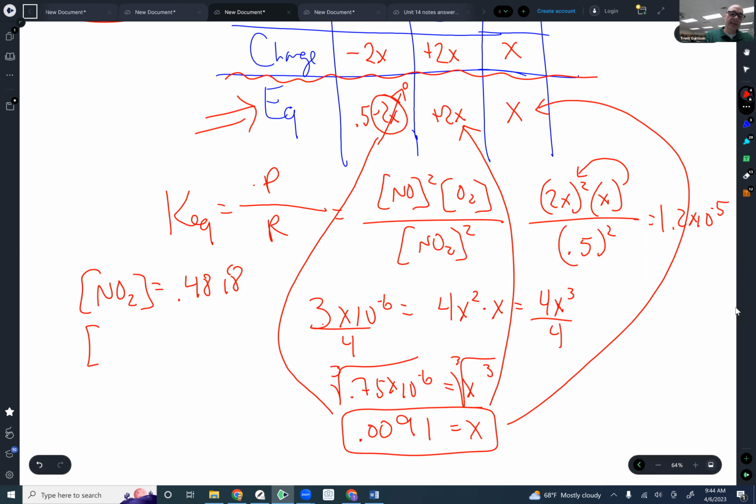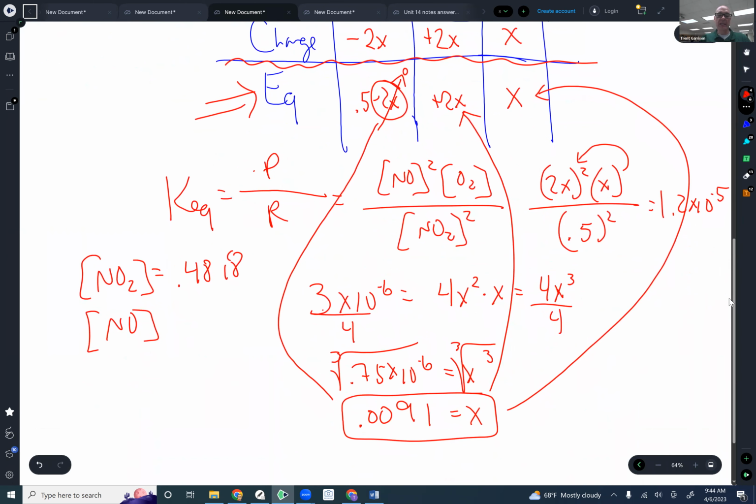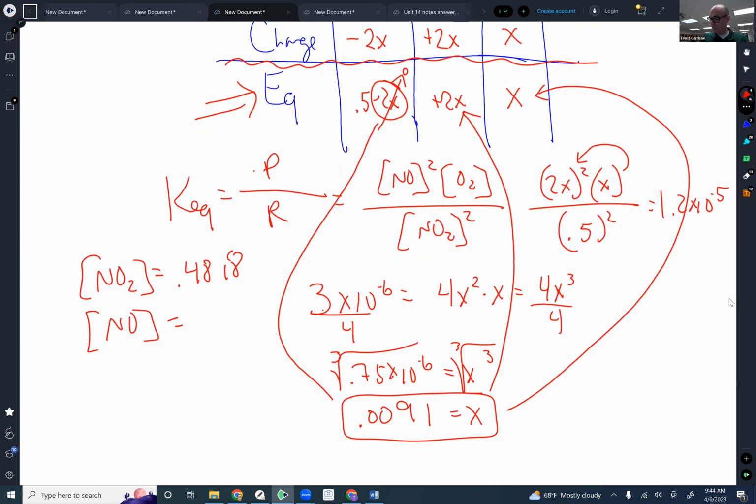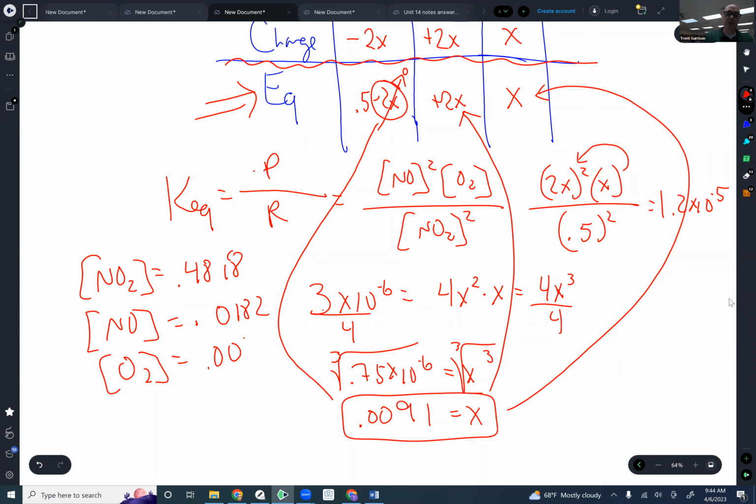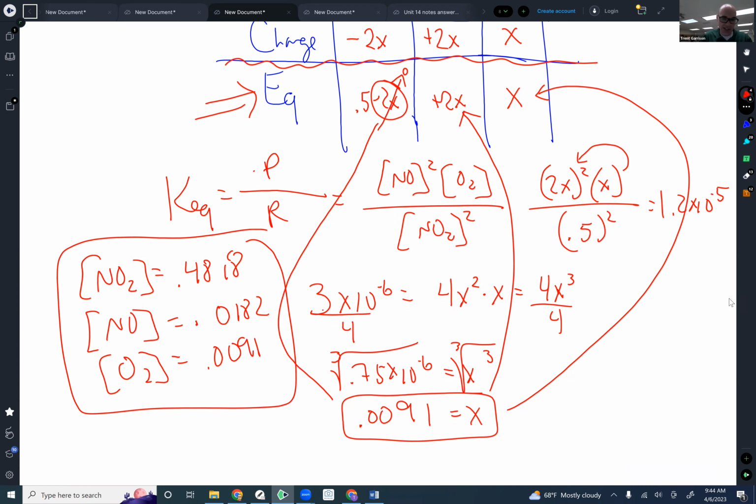For my NO value, and this is the second portion of the equilibrium here, it's going to be equal to 2 times x. Well, 2 times 0.0091 is 0.0182. And then finally, the O2 concentration is just equal to x, 0.0091. So those are my 3 answers that you are heading towards.